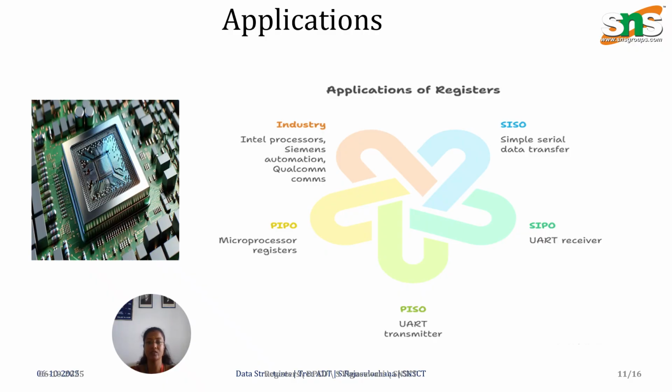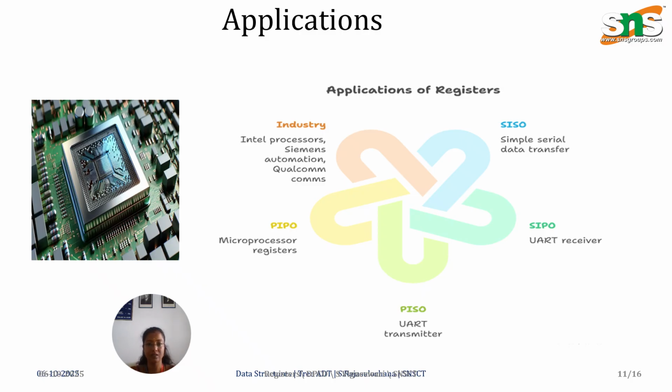SISO is used for simple delay applications, and serial input parallel output is used in the communication receiving sector, that is the universal asynchronous receiver transmitter. Parallel in serial out is used for the UART transmitter sector, and parallel in parallel out for microprocessor or microcontroller registers and ALU processing sectors.